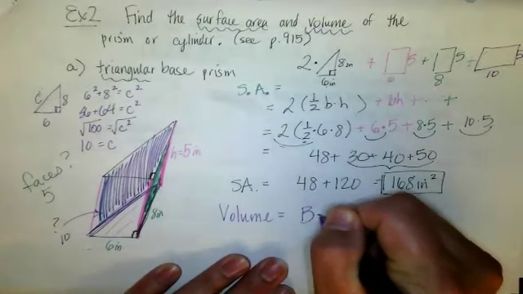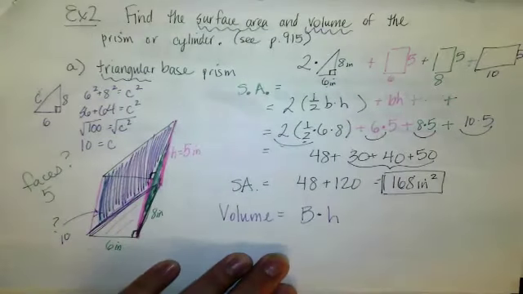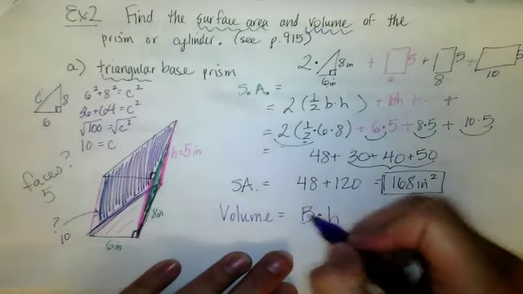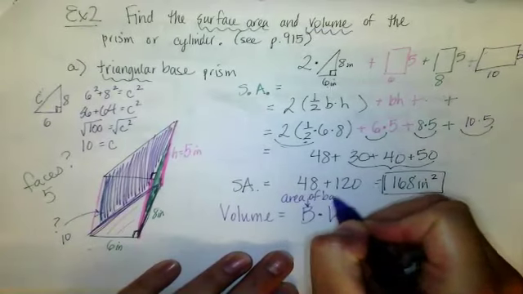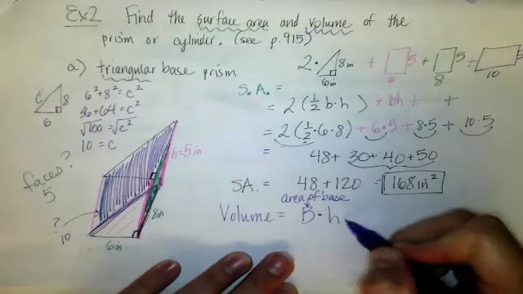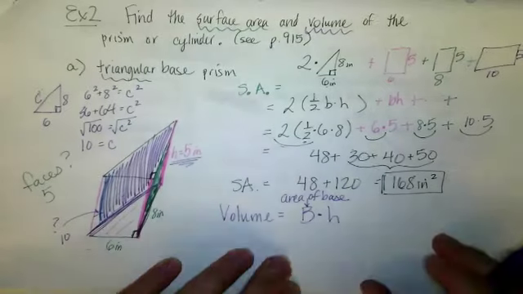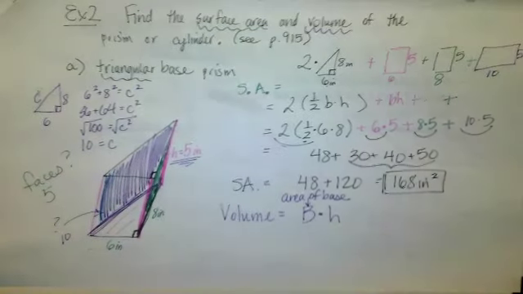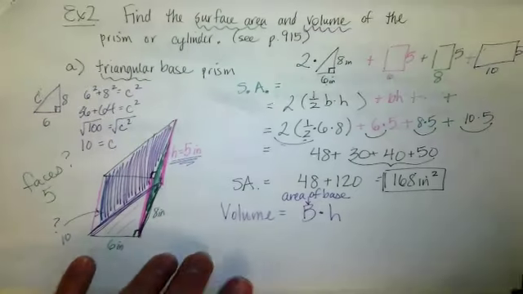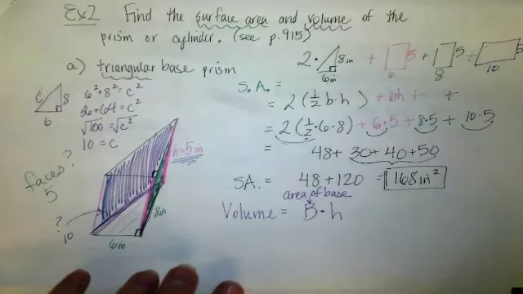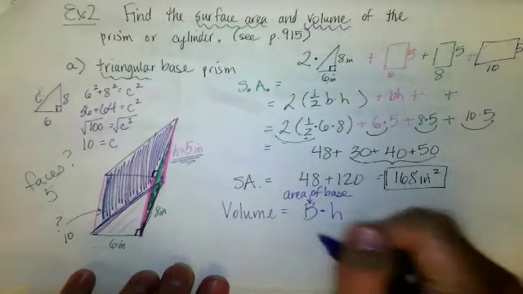So we do capital B times H works all the time for volume of some kind of prism, okay? Capital B is the area of the base times h, which is the height of your prism, okay? The area of the base in this case is what shape? What shape is the base?